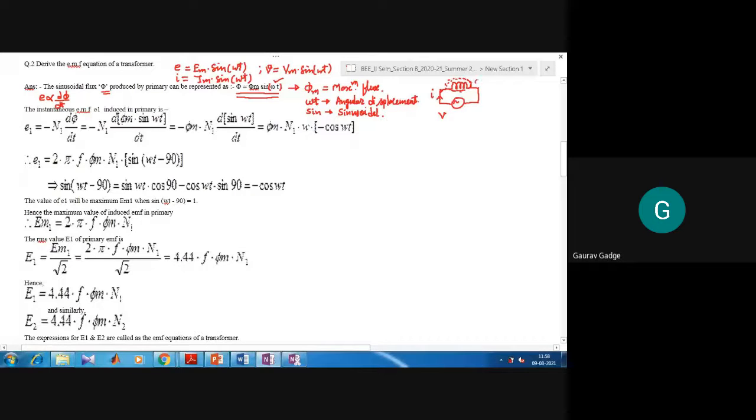Now, this magnetic field phi induces an EMF, and I already shared that E is in opposition to the magnetic field, and then we wrote the expression E is equal to minus L di by dt. Another expression for this E is minus N d phi by dt.